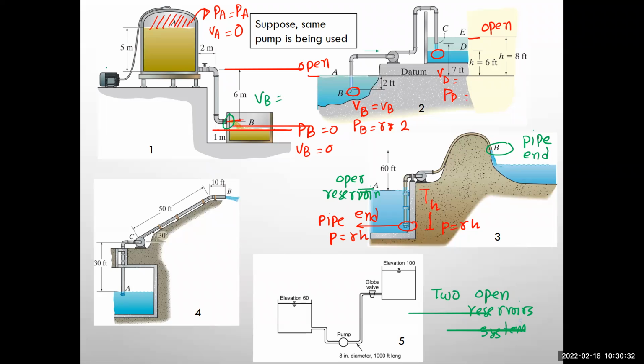So what I'm trying to say is that we can have millions of different combinations with two different ends, right? Now, suppose we are using the same pump in every condition. Suppose you have a pump you bought, or we have a pump in the lab, and we are using the same pump in every condition. Now, the pump itself has some specific function, right? Just think about any printer.